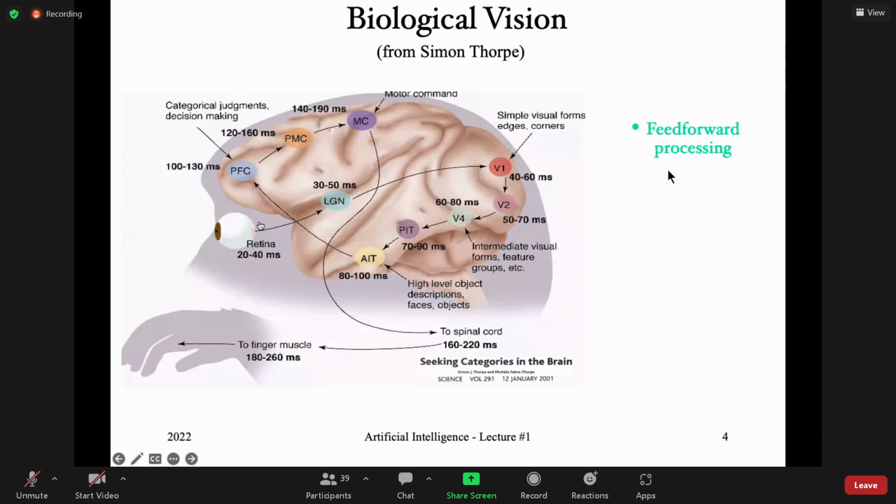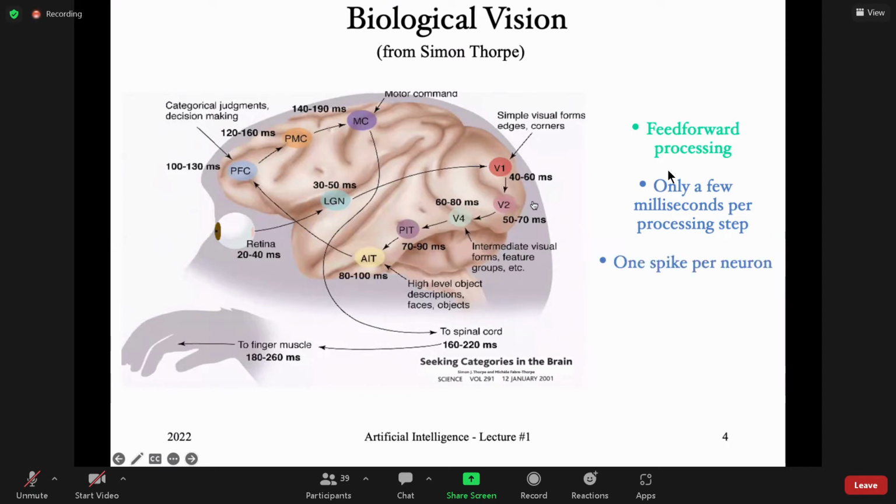It's not 0 milliseconds, it takes maybe up to 200 milliseconds. But for each step, it takes a few milliseconds. The sum of all that is 200 milliseconds, but in fact the time step is a few milliseconds.